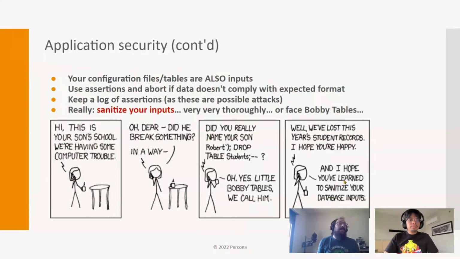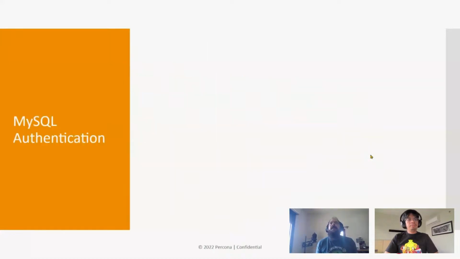I hope the school people learned to sanitize the database inputs, because really, not sanitizing inputs is the easiest road for someone to steal your data or to delete your data and deny you service. So this is the most crucial thing you can do for your security. It's not on the database, it's on your application. So go there and start sanitizing.